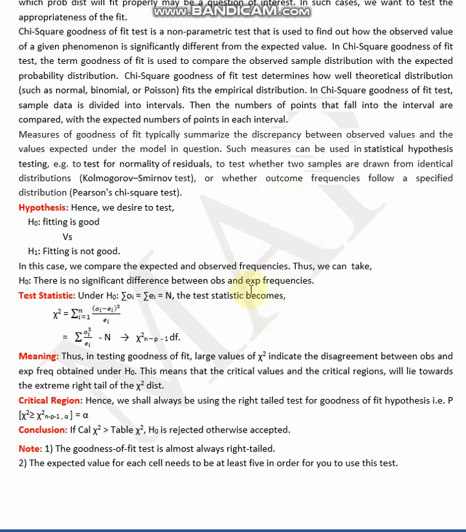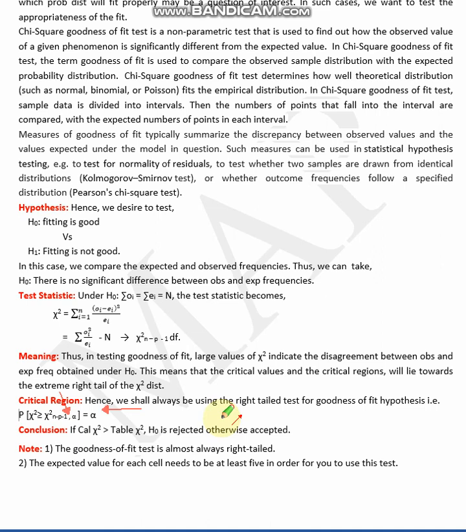Therefore the critical region in this case is probability of chi-square greater than or equal to chi-square with n minus p minus 1 degrees of freedom at alpha, equal to alpha. And this alpha is my level of significance. Since it is a chi-square test, it is a right-tailed test.